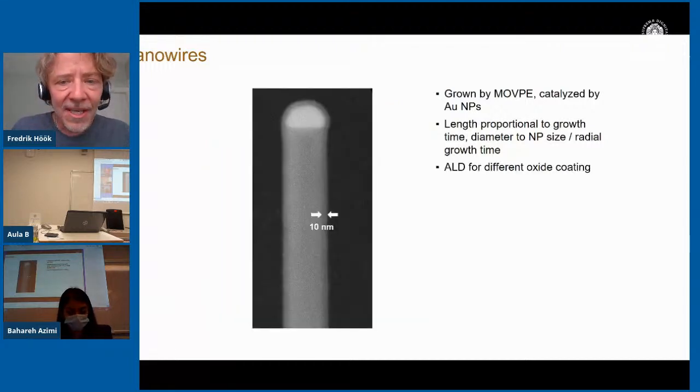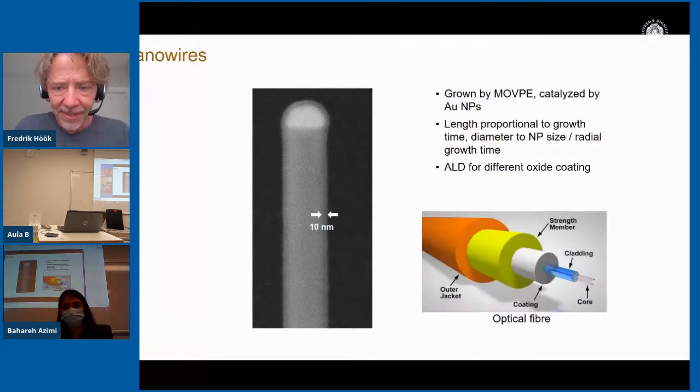And also the surface chemistry is crucial, and what is conventionally used to control the outer layer of the nanowires is atomic layer deposition, and we work primarily with silica as a coating. Any other material is also possible. And they share certain similarities with optical fibers, but primarily the core here. And no cladding is used, they are naked.